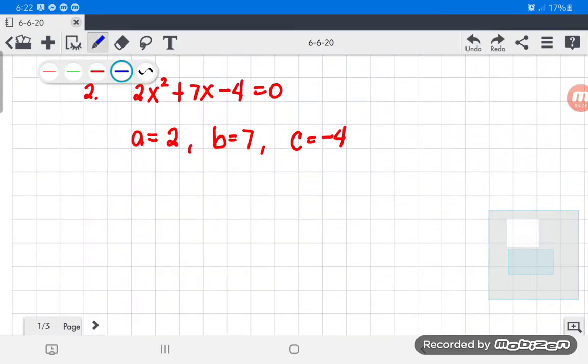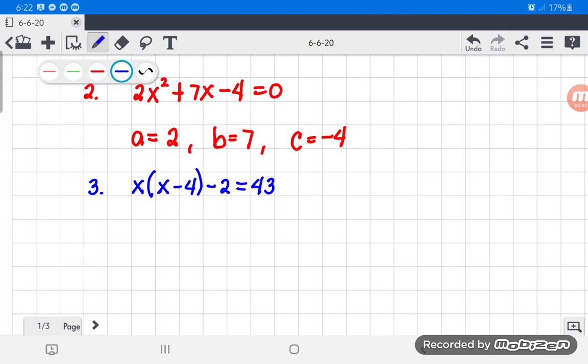Number 3. Let's say we have x times x minus 4 minus 2 equals 43. So this is a quadratic equation. However, it is not written in standard form. To write the equation in standard form, we have to expand the product and make one side of the equation 0.